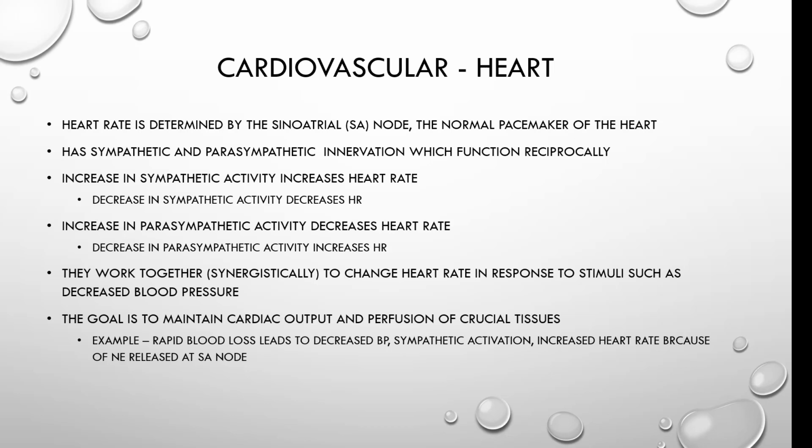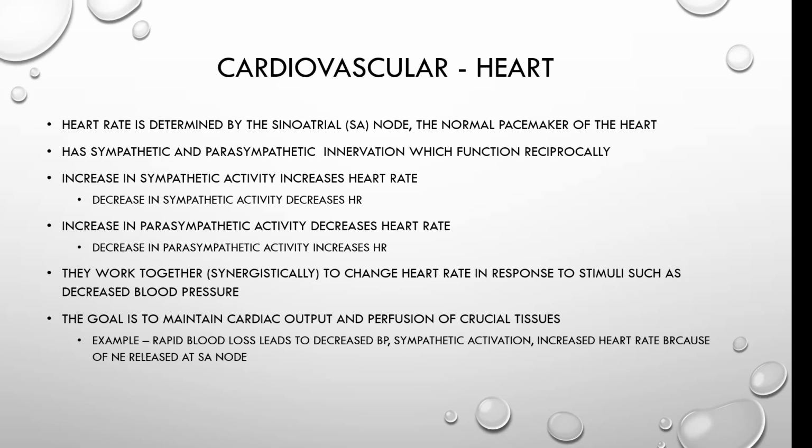So when you exercise, the heart rate goes up because of an increased need for perfusion of skeletal muscle and brain and heart and lungs and everything. The goal always being to maintain perfusion to crucial tissues and to maintain cardiac output. As another example, if you have rapid blood loss, there is a big sympathetic outpouring.